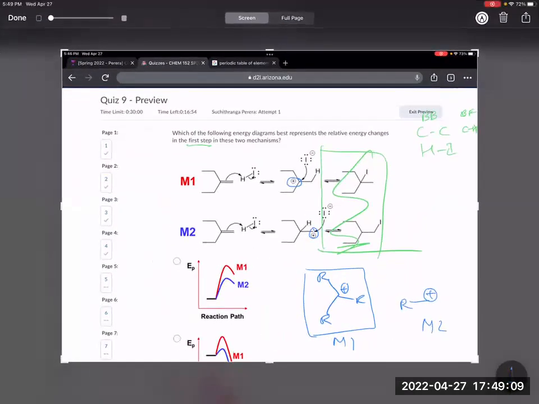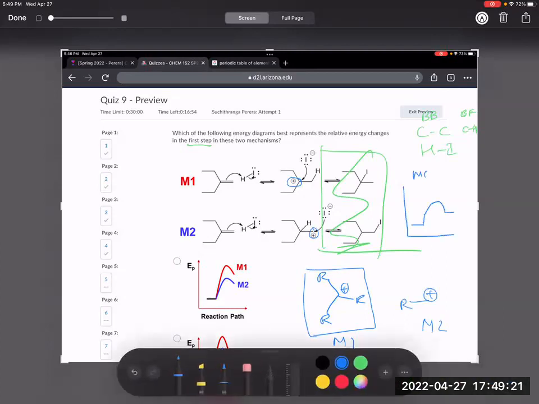Let's draw that here. For M1, it should go like this. Then for M2, I should have used the other color, so I'm going to use a different color just to be consistent with the question colors.